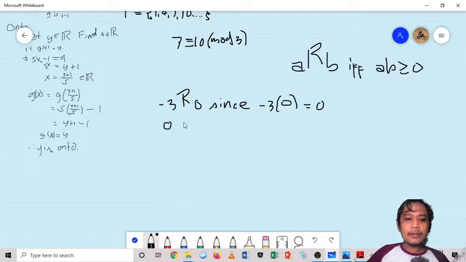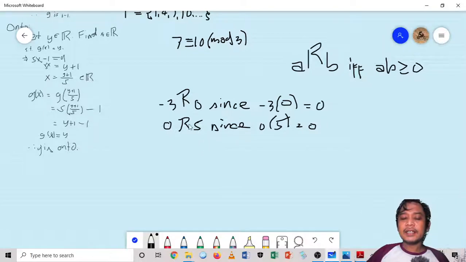Also, 0 is related to 5. Why? Because 0 times 5 is 0. It falls in the second condition, equal to 0. That would mean, indeed, 0 is related to 5.